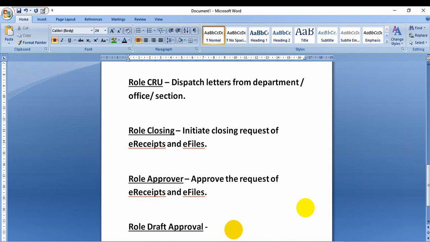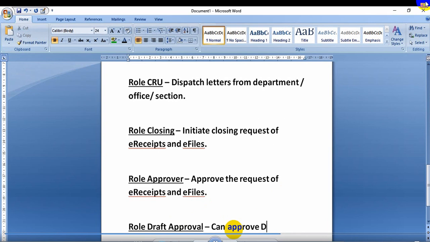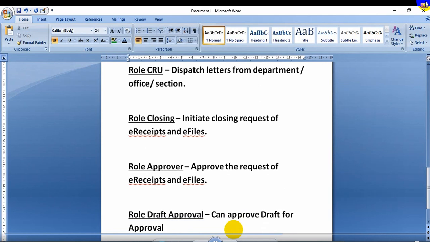Okay, so I'm writing, I will write here, just a second: can approve draft for approval, that is DFA, and place digital signature on it, right?